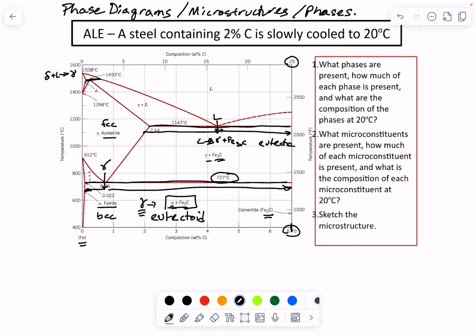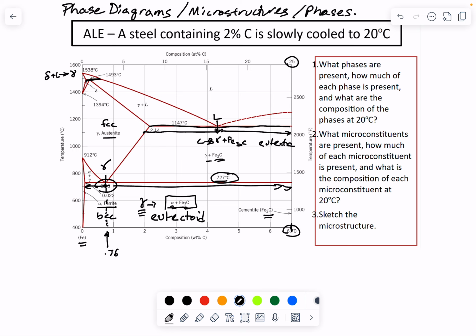This is a very important reaction, and I want to point out a couple things about it. It only occurs to gamma that has exactly this composition, 0.76 weight percent carbon. When we take gamma with that composition and cool it below 727, it can't exist anymore, and it has to turn into alpha and Fe3C, and that involves a lot of diffusion.